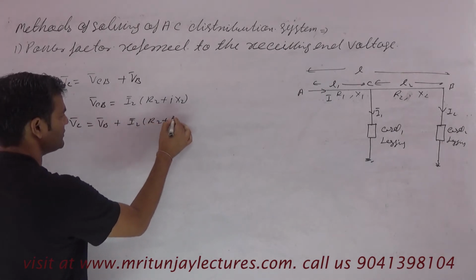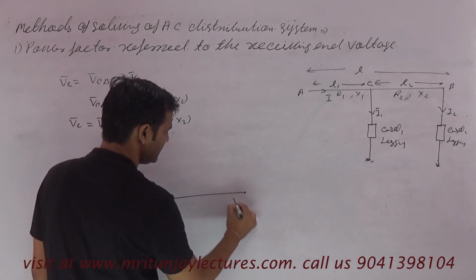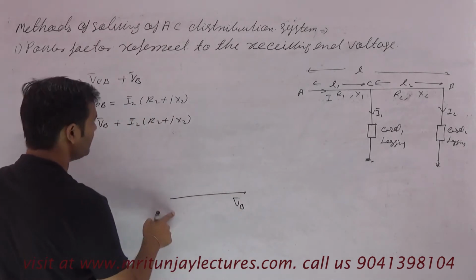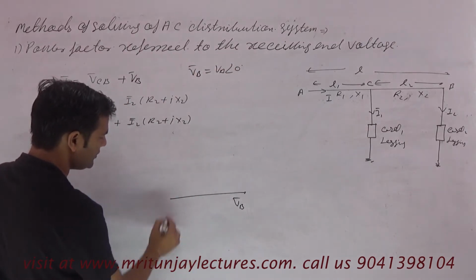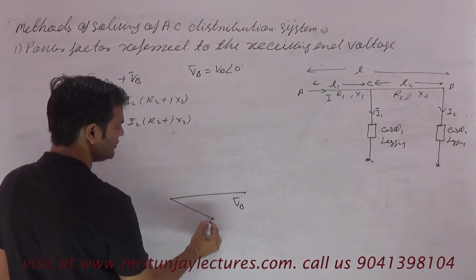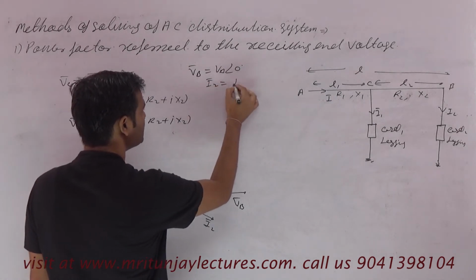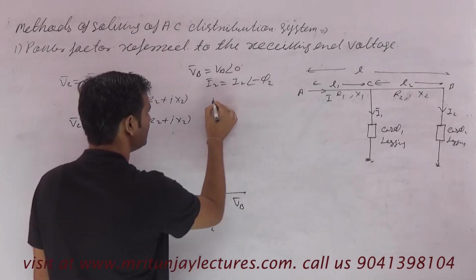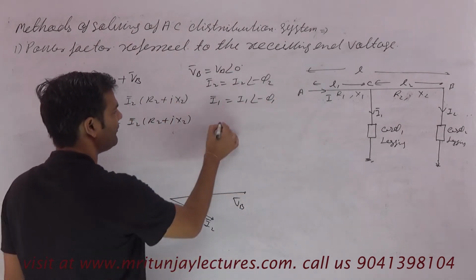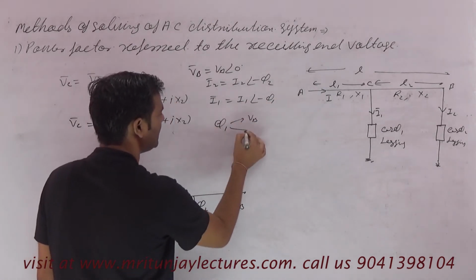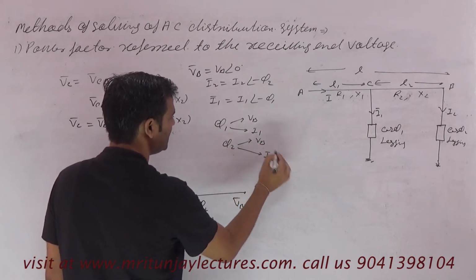So VC is equal to VB plus I2 into R2 plus jX2. How to draw the phasor diagram? First of all, that is VB. Take VB as the reference voltage. Clear? So what about I2? I2 corresponds to this one, that is phi 2. Okay, I2 is I2 at angle phi 2, and I1 is also written as I1 at the angle minus phi 1, and phi 1 is the angle between VB and I1, and phi 2 is the angle between VB and I2.